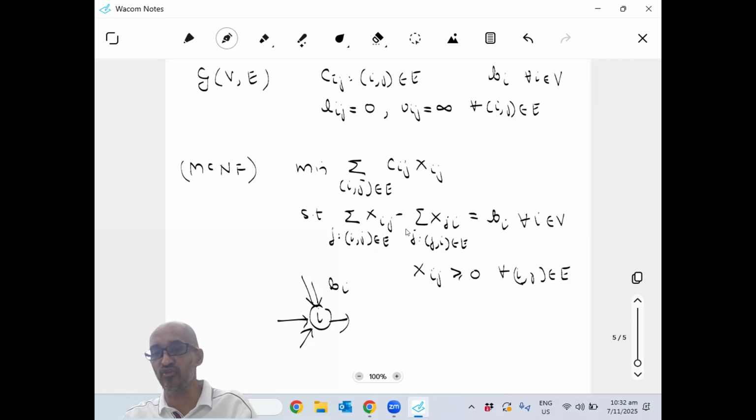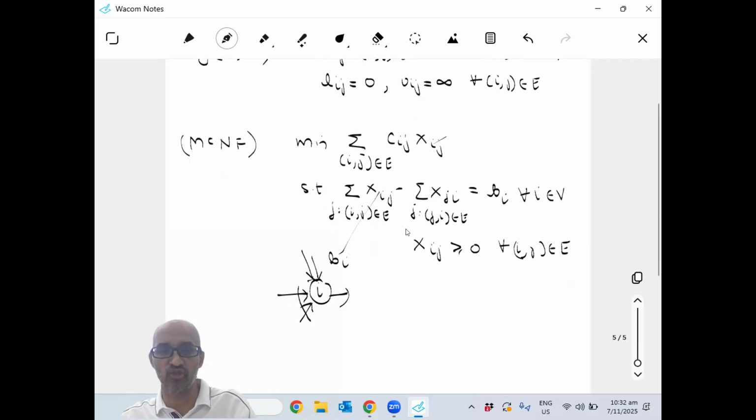Or another way to say this is the total amount of arc flow into this node, external and internal, if you take this side, is the total going out. So this total sum of all these flows has to be equal to this flow.